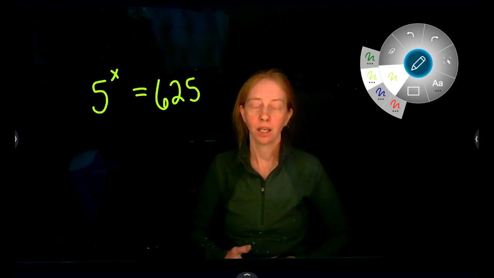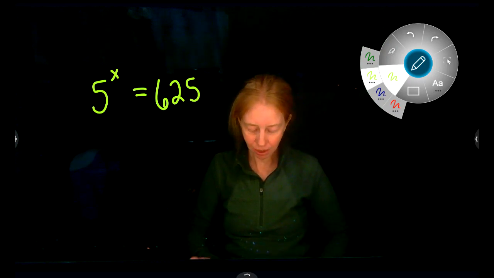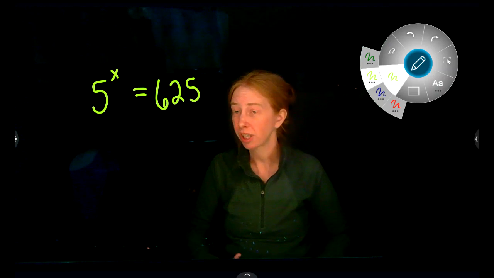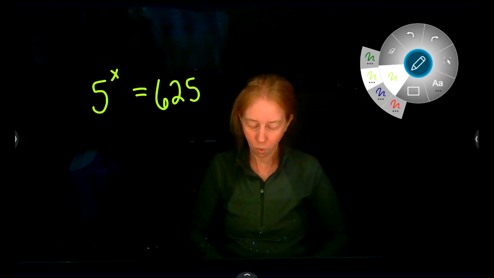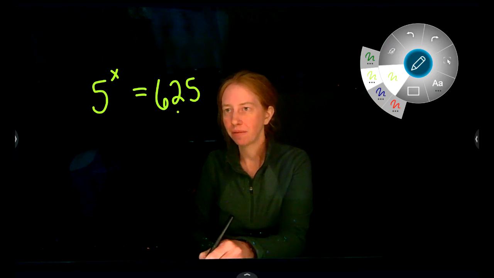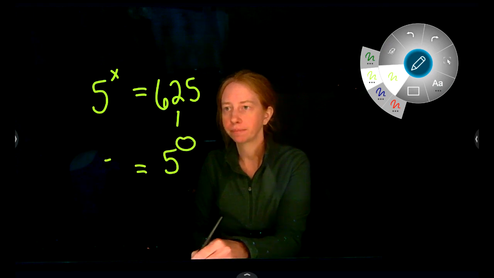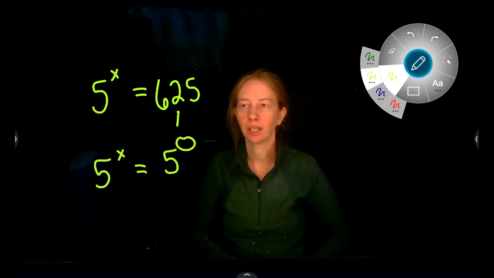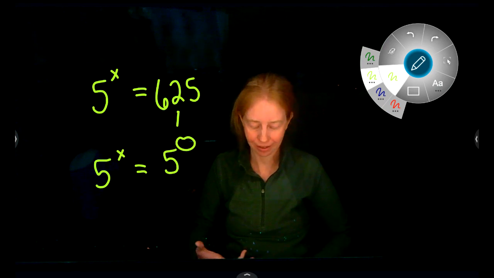These can be pretty tricky. What you want to figure out is, 625, what is 5 raised to what power? And that'll tell you what x is.